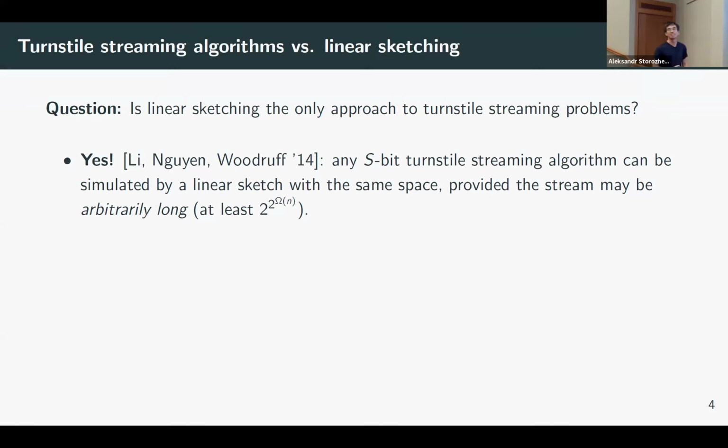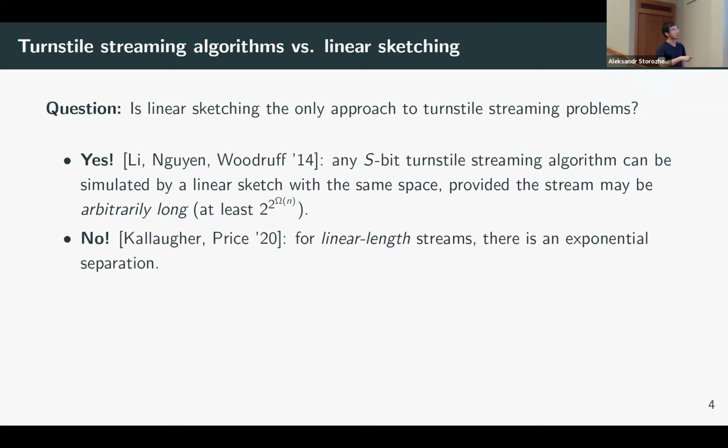Okay, so what about the more realistic regime where we have a shorter stream? It turns out that in general, the answer is no when the stream is very short. Work by Kallaugher and Price showed that if the stream has only linear length in the dimension of the frequency vector, then there is an exponential separation.